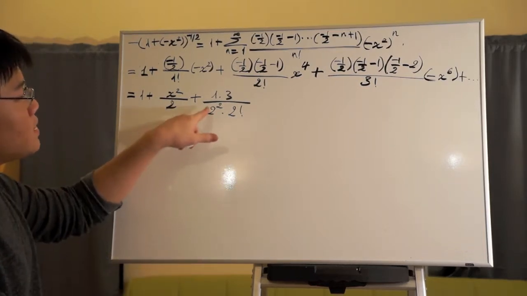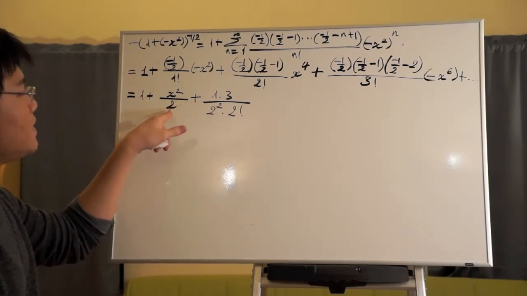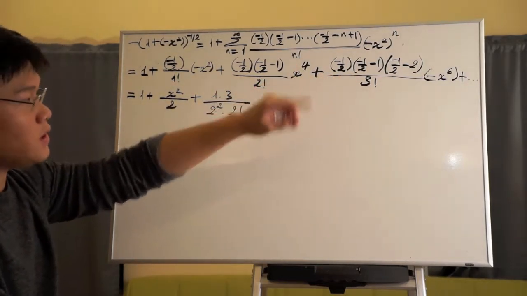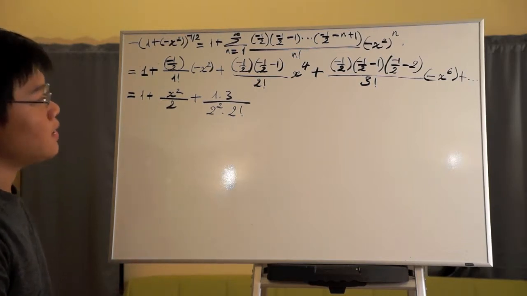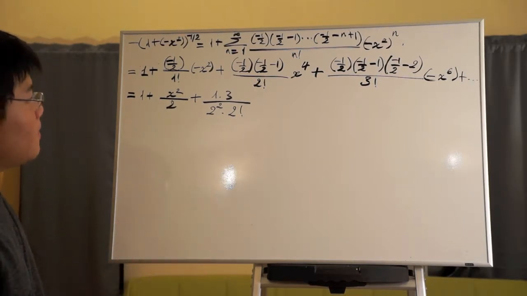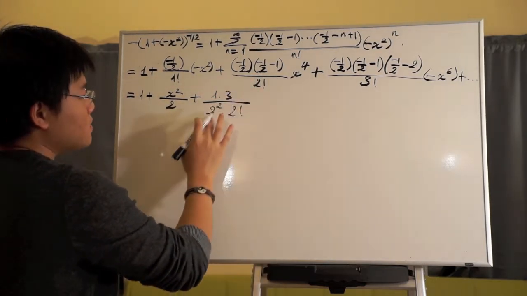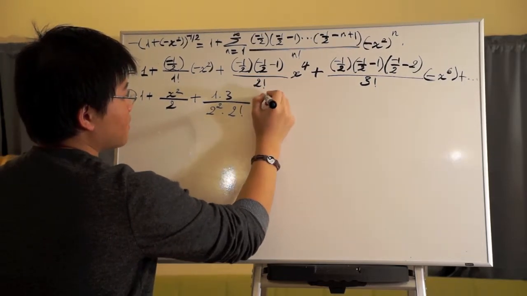Right here we have 2 to the 2nd, 2 squared. Here you can say 2 to the 1, and here later on we can have 2 cubed, right? We put that so that it'd be easier for us to formalize the pattern. So here we have 1 times 3 over 2 squared times 2 factorial, x to the 4th, right?